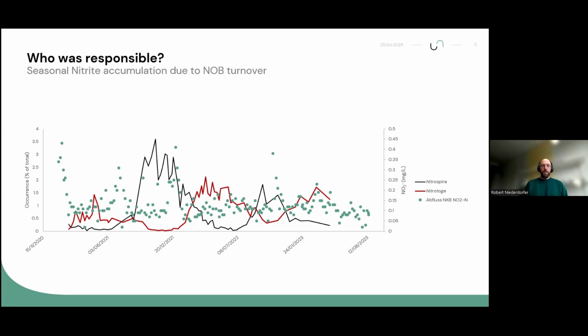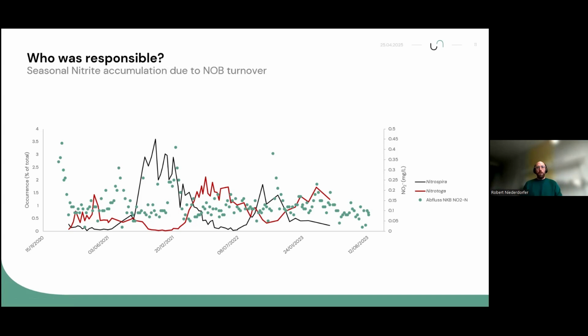This is a big problem because in Switzerland, we have certain rules for how much nitrite you can release. And if you go above 0.3, you get a problem. And this is something wastewater treatment operators don't want to have.